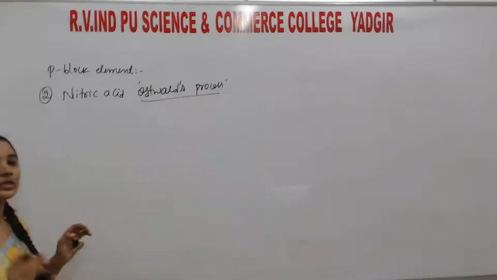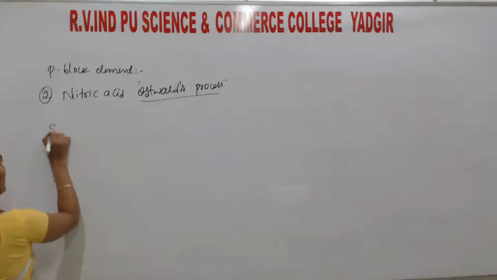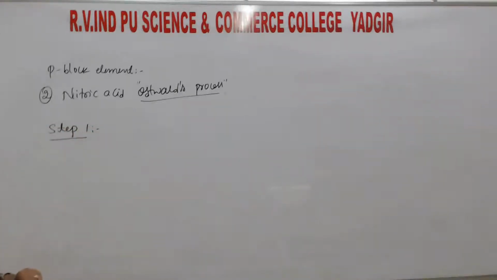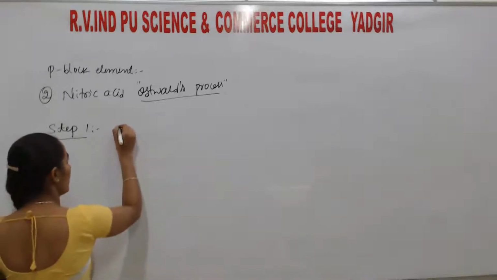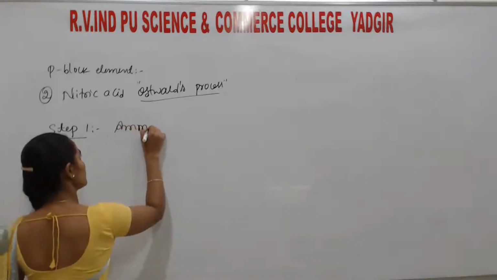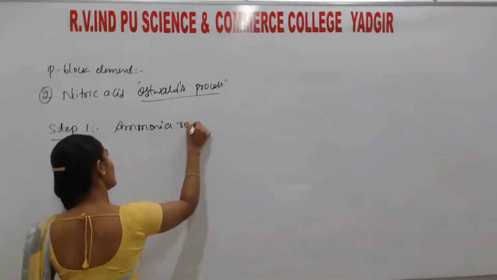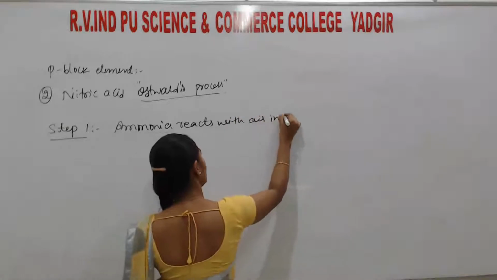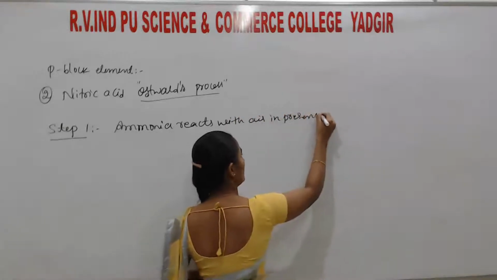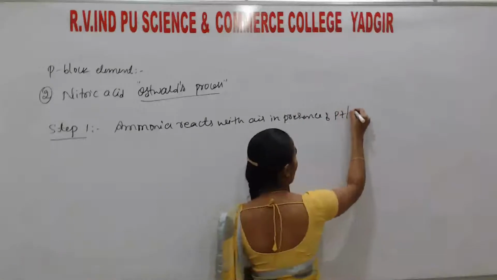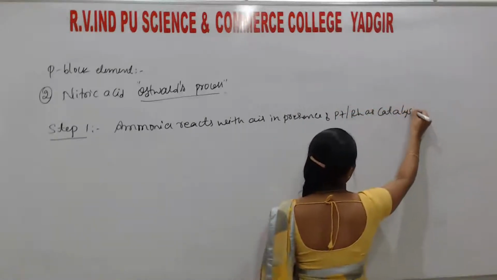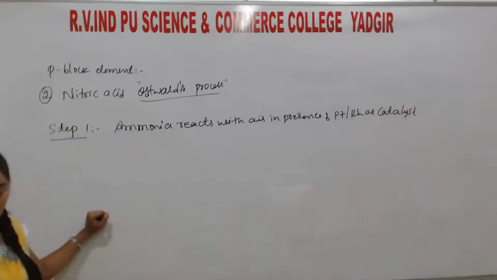Okay, students, in this only steps are there: step 1, step 2, step 3. There is no flow chart. So in step 1, what happens? Ammonia reacts with air in the presence of platinum or rhodium as catalyst.